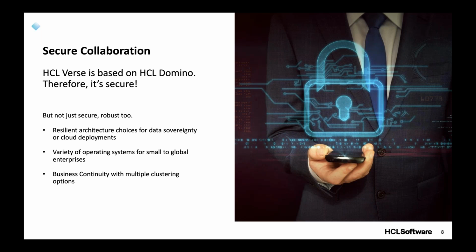And on top of that, you can also leverage high availability features for each server. So with this product, you're not just getting a powerful email client, you can also have the confidence that your data is secure because it runs on Domino. So if you're not already using it, you can start using it now.